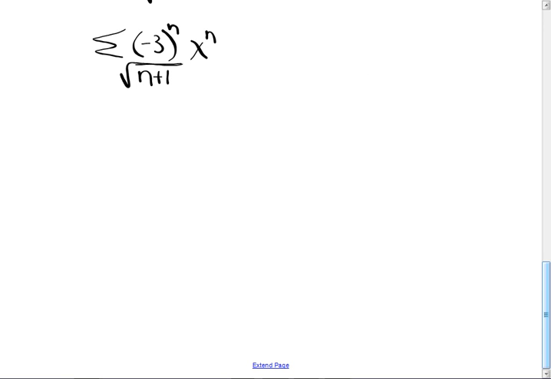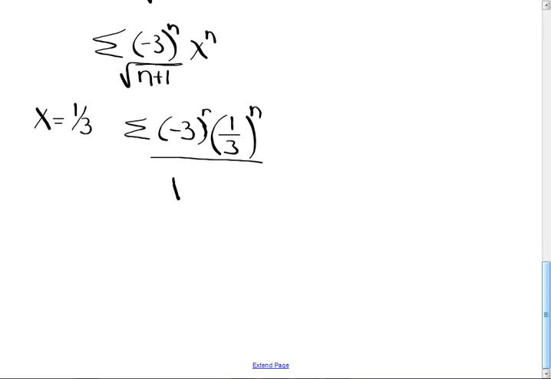Now we're going to try x equal to positive 1/3. Then this is going to be negative 3 to the n times 1/3 to the n, all over the square root of n plus 1. Is that okay?